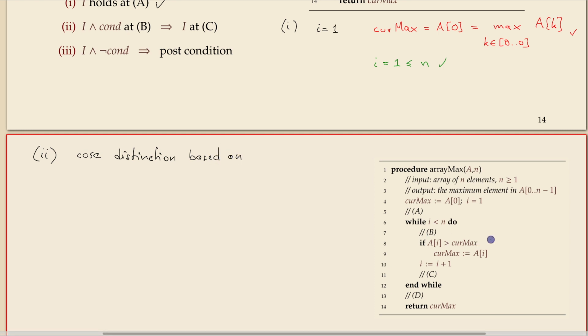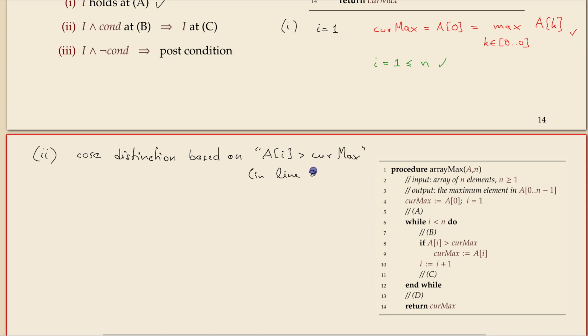And it's basically the condition of the if, and I guess I should be precise and say in that specific line, because variables keep changing their values. Now there's two cases that can either be true or false, this if condition. So case A, or let me spell it out.